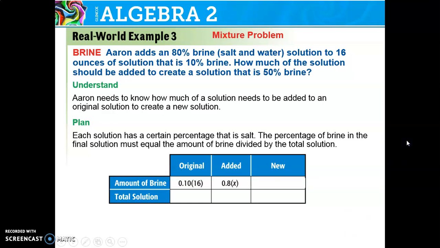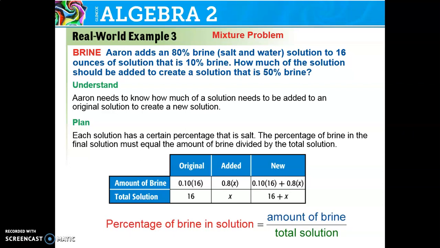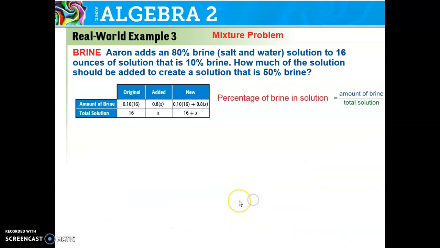We're adding 80% of an unknown. So that would be our new expression. Total solution, though, would be 16 plus x. Percentage of brine in the solution is going to be the amount of brine divided by the total amount in the solution.